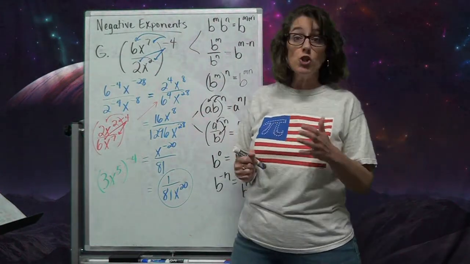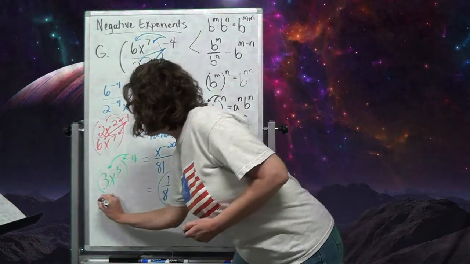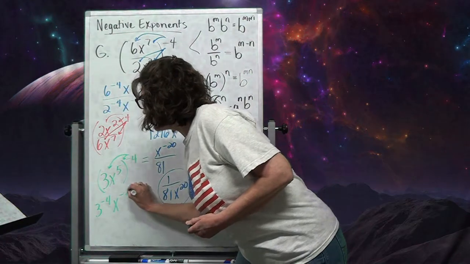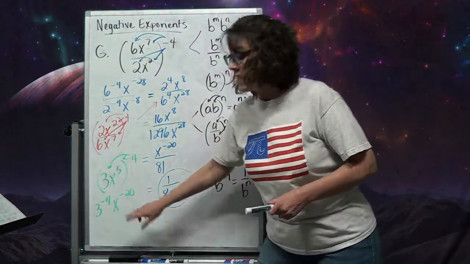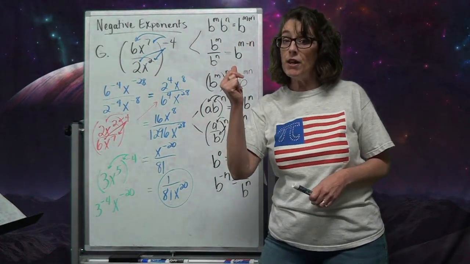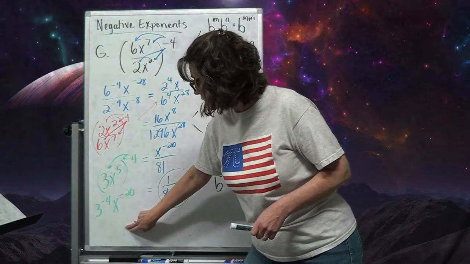One is to go ahead and distribute the power to every factor that's inside, giving me a 3 to the -4th, x to the -20th. And then because I've got negatives in both of those exponents, recall negative in the exponent means flip. So shove that down to the denominator, shove that down to the denominator.